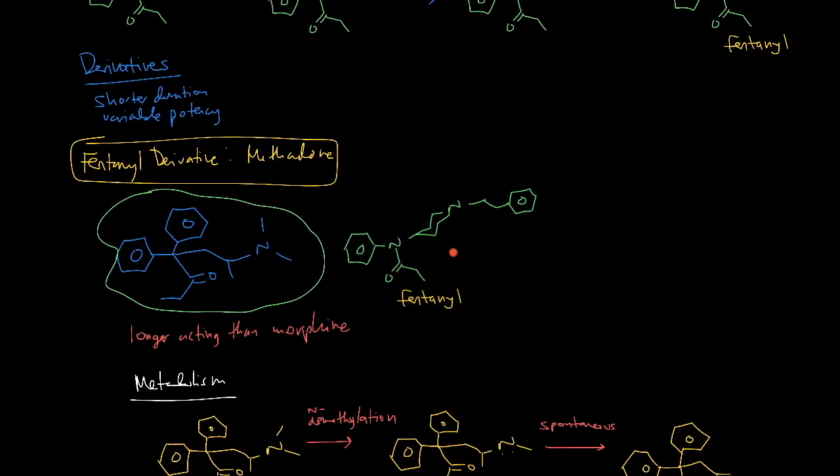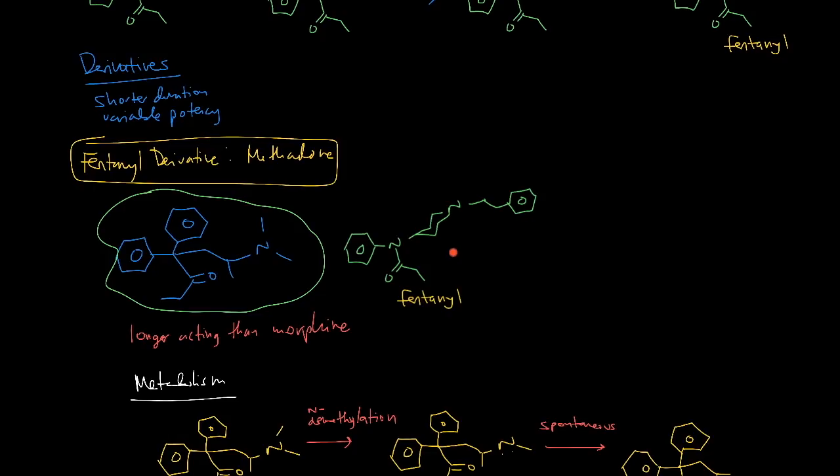The reason that they're pretty similar, or that they can be considered derivatives, is because the distance in fentanyl from the tertiary amine all the way to the aromatic ring is actually the same distance from here all the way to this aromatic ring.